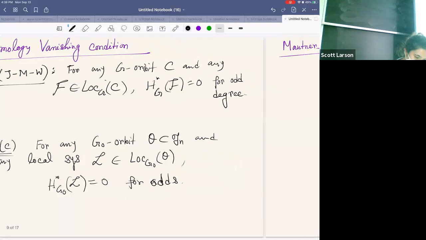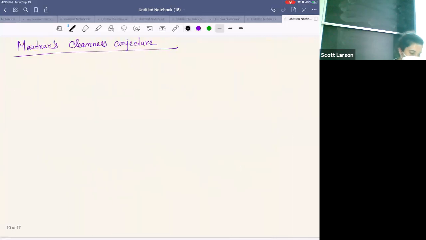Now I'm going to talk about Mautner's cleanness conjecture. Before that, I should mention what clean is.